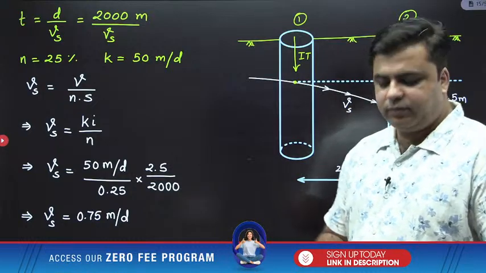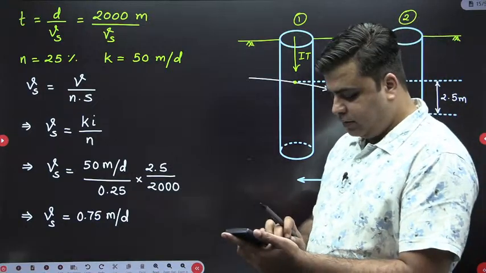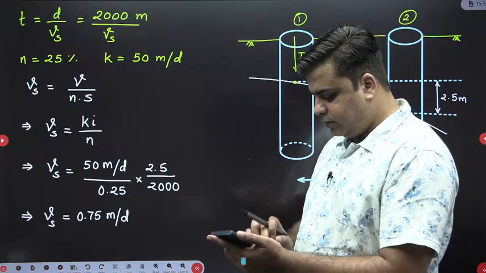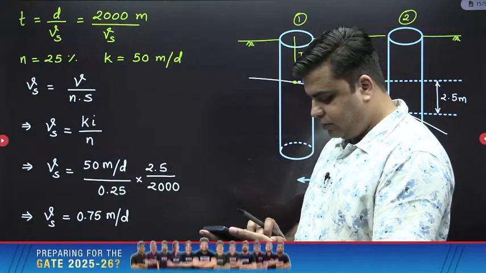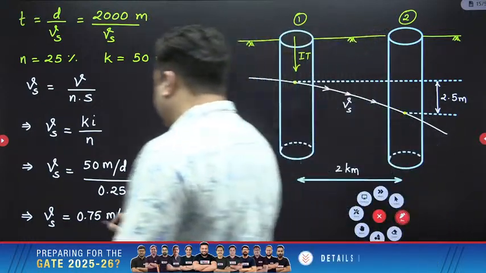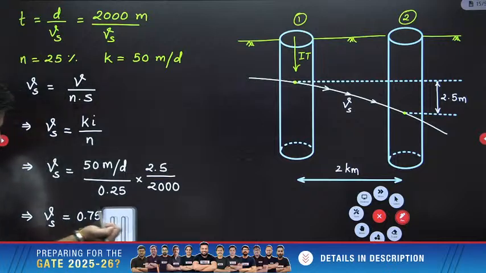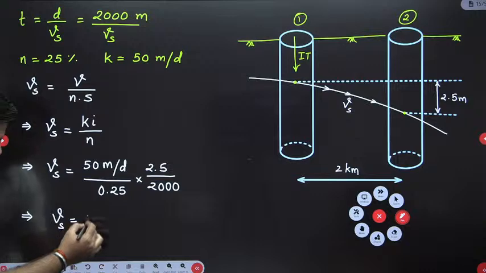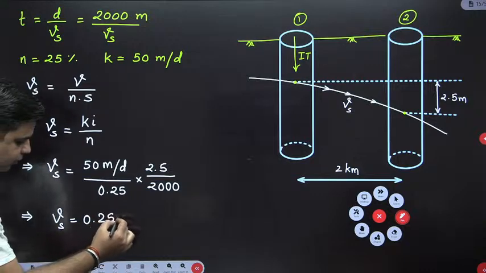Let me also do it with the calculator. So 50 into 2.5 divided by 0.25 divided by 2000. Yeah. Oh, 0.25, not 0.75. 1 by 4 is 0.25. This is 0.25 meter per day.